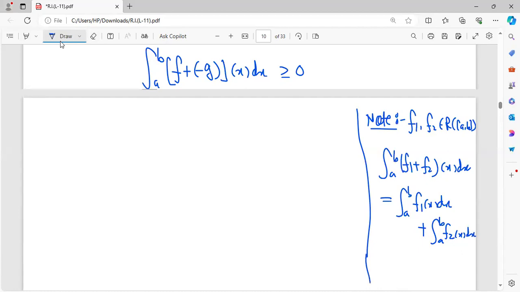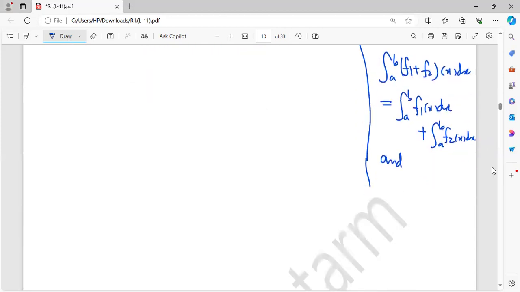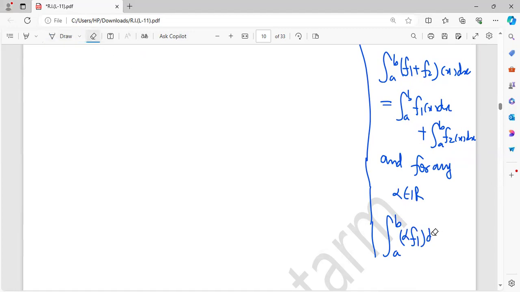Okay, and for any alpha belonging to R, the integral from a to b of alpha f1(x) dx is equal to alpha times the integral from a to b of f1(x) dx.